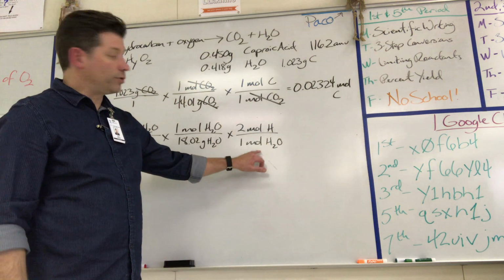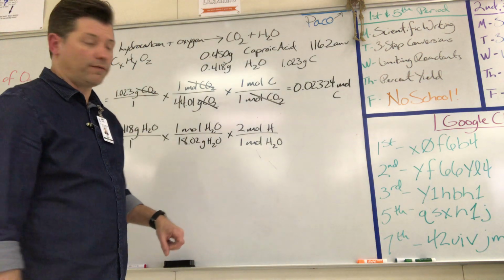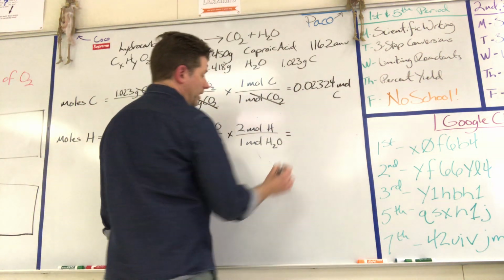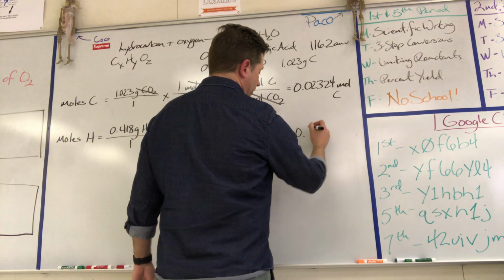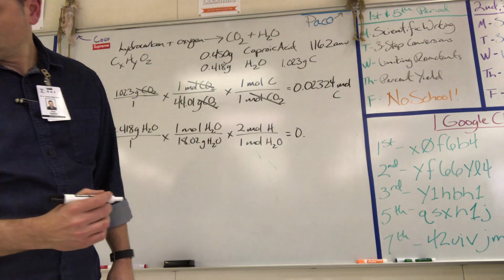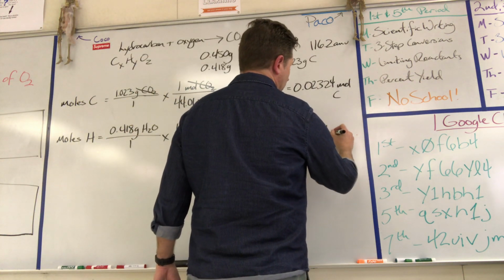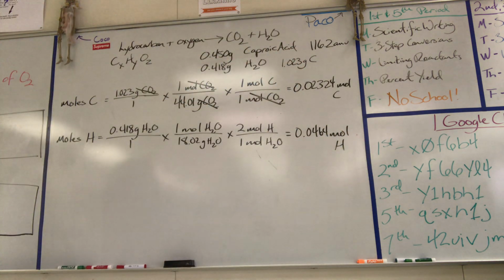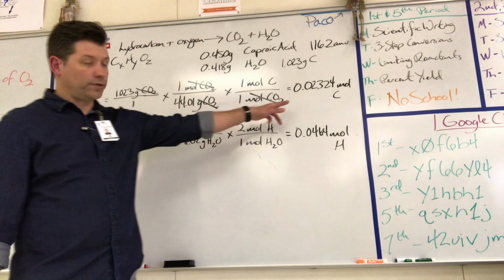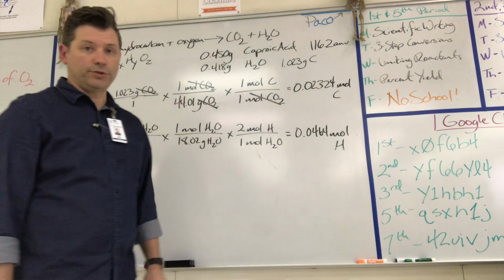So to make H2O, you have to have 2 moles of hydrogen to 1 mole of oxygen. We do the calculation, and we end up with 0.0464 moles of hydrogen. Okay? So there's our moles of carbon and our moles of hydrogen.